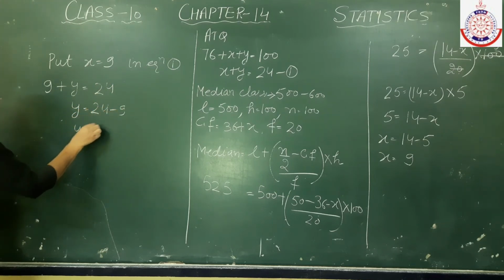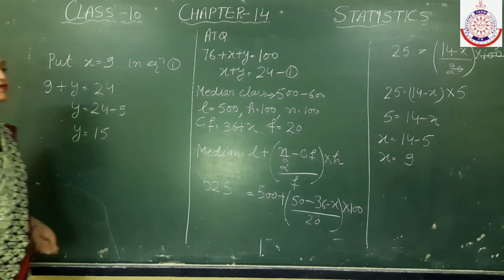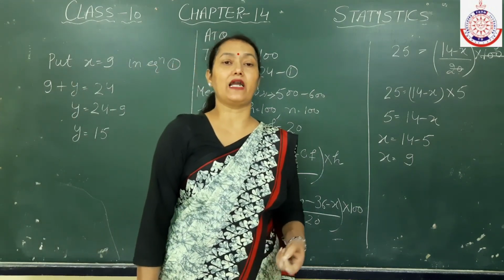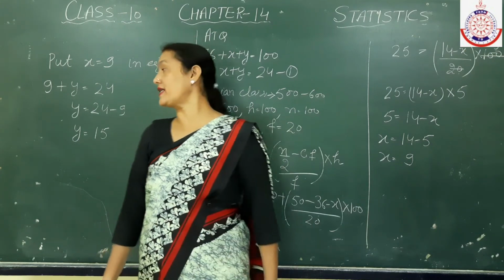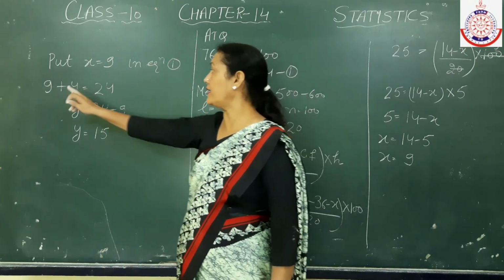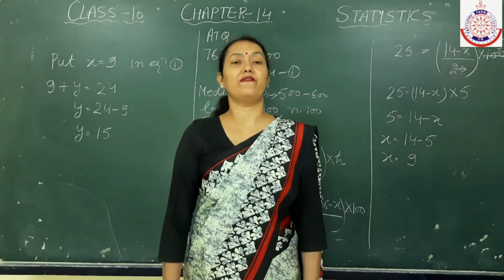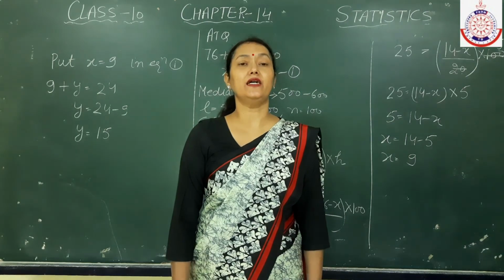That gives us the value of y as 15. So using the given values of median and total of the frequencies, we have calculated the value of missing frequencies, that is x and y. X we have obtained as 9 and y we have obtained as 15. So in today's lecture we have learned how to calculate third measure of central tendency, that is median.